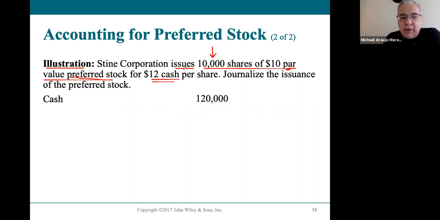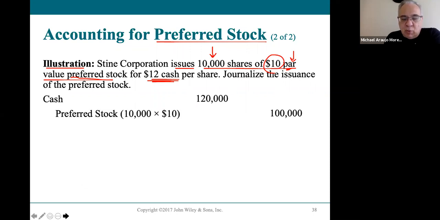However, now when we come to the credit side, we're going to have to split that up into the amount that goes into the preferred stock account, which would be the par value, and anything above the par value is paid-in capital in excess. So the first $10 of all of this cash is going to go to the preferred stock account. 10,000 shares times $10 gives you preferred stock of 100,000.